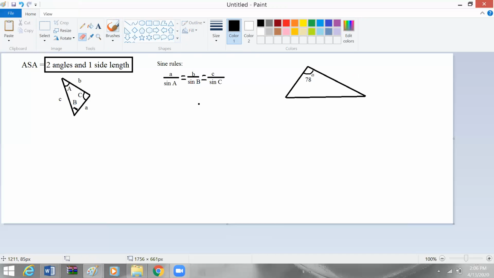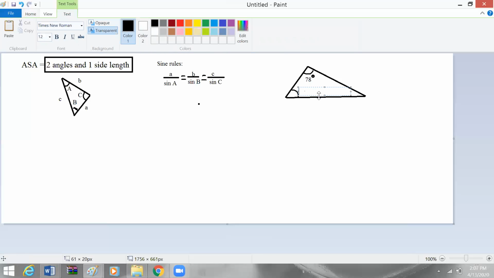Let me just rewrite that. So this is 78, and this angle will be 46, for example. It doesn't necessarily have to be the same; you can come up with any example.